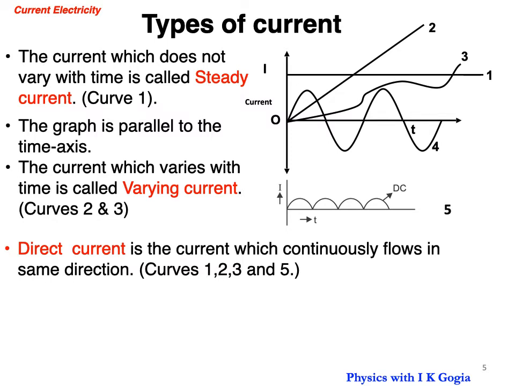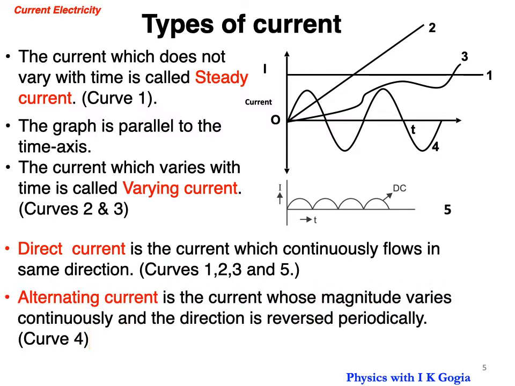The direction doesn't vary with time. However, if the current varies both in magnitude as well as direction, we call it alternating current. The curve 4 represents alternating current.